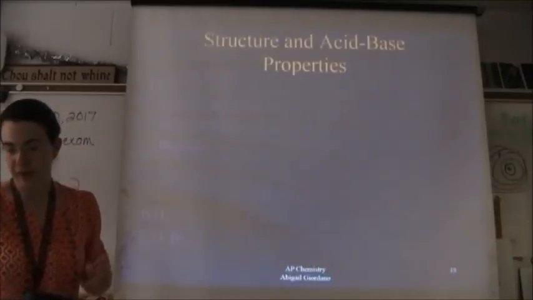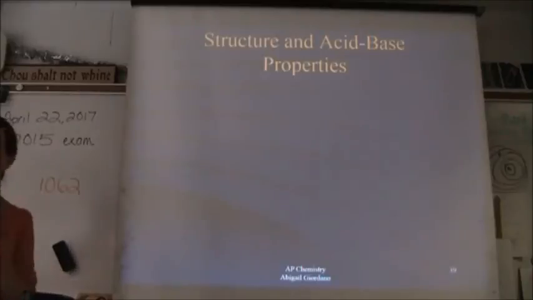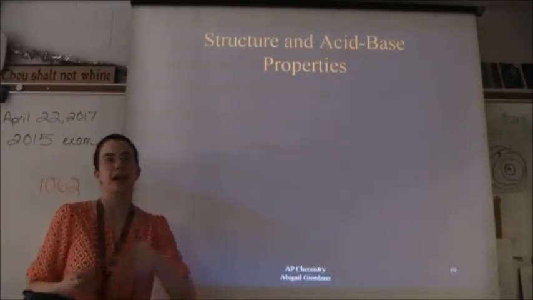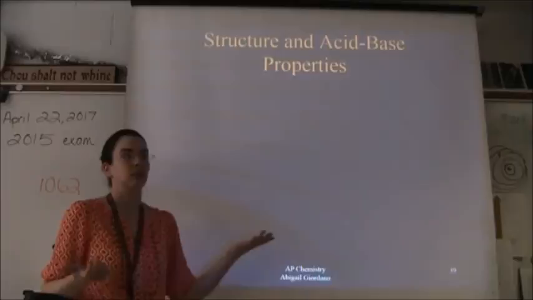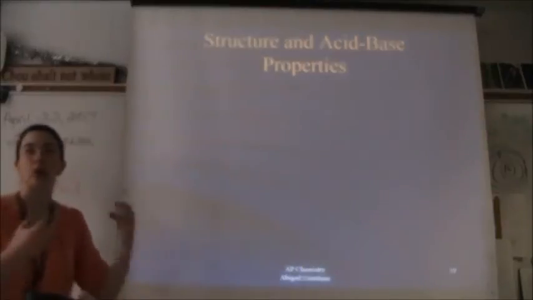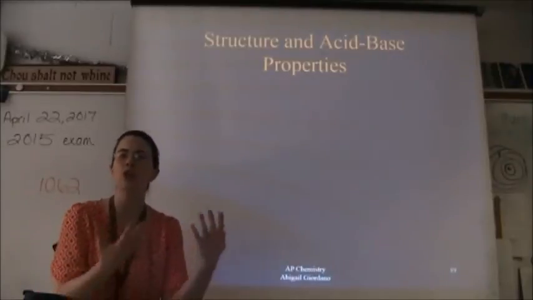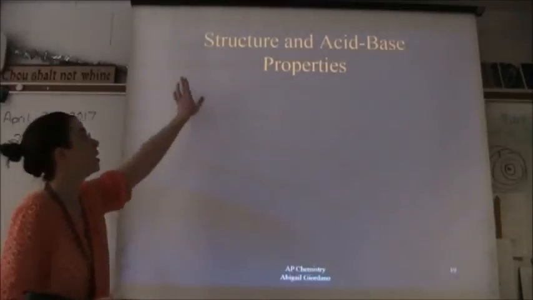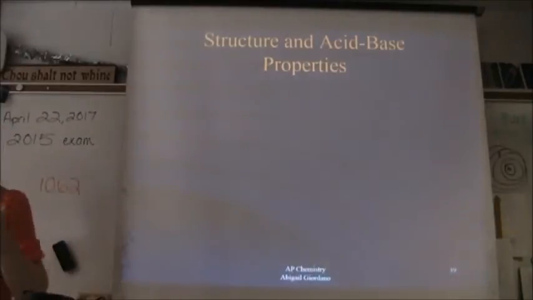Let's finish this chapter up. And the end of this chapter, guys, is all about answering the question, why are some acids strong and some acids weak? Same with bases. What is the real reason between what makes an acid strong or weak? The reason comes from how these acids and bases are put together.